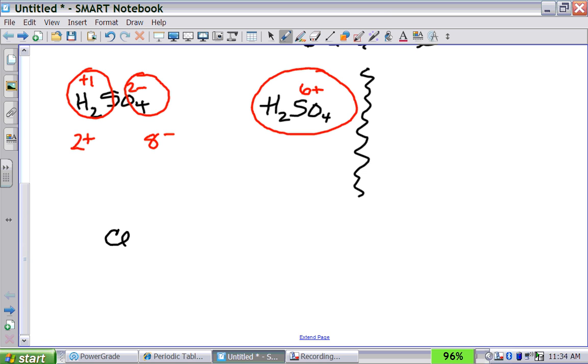So we know we have ClO3, and it's a -1. Okay, so once again, why don't you take a moment and identify the common oxidation states that you know.